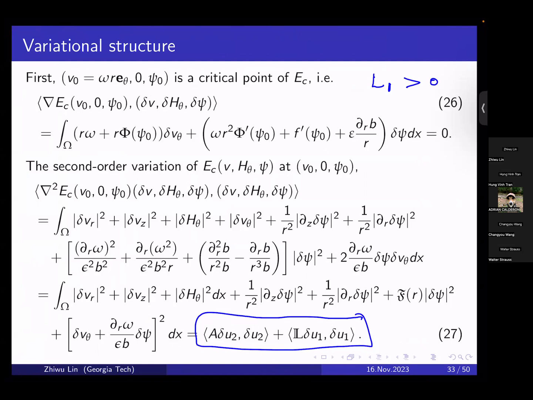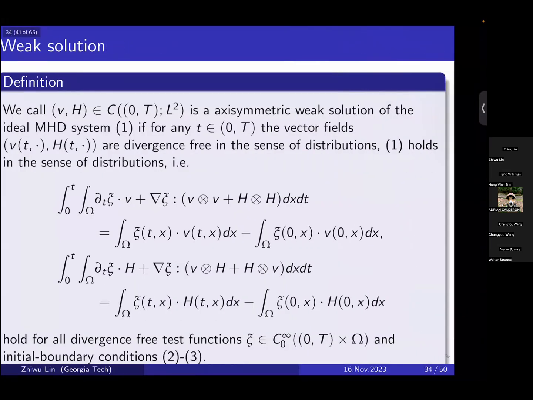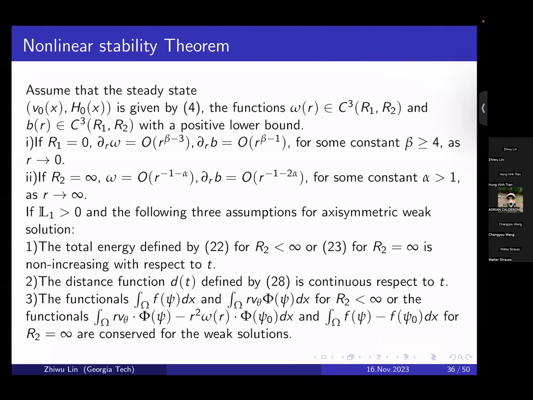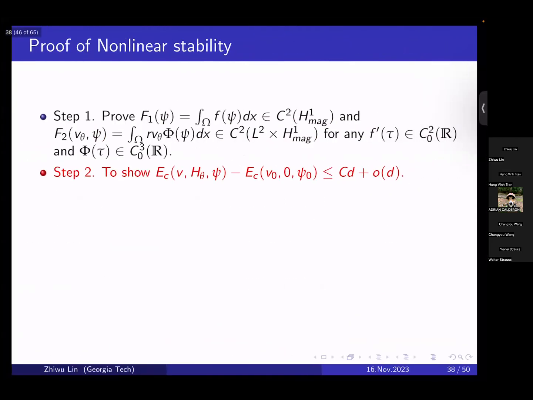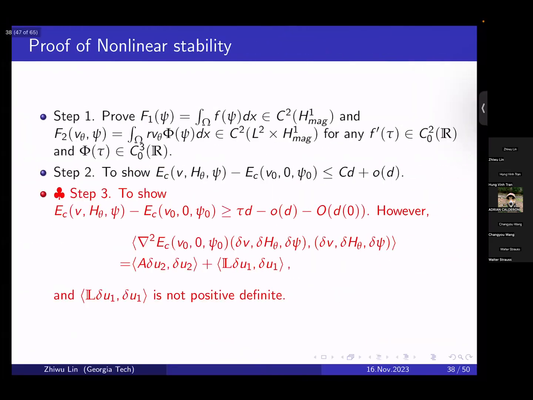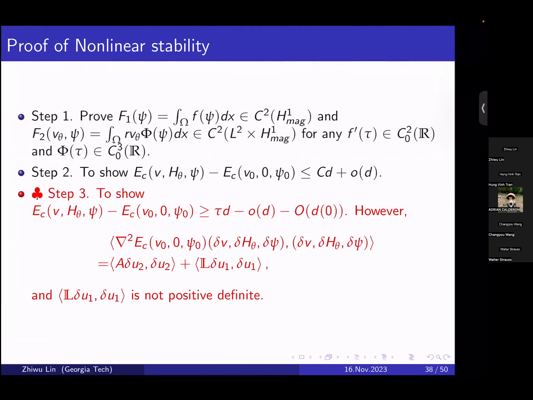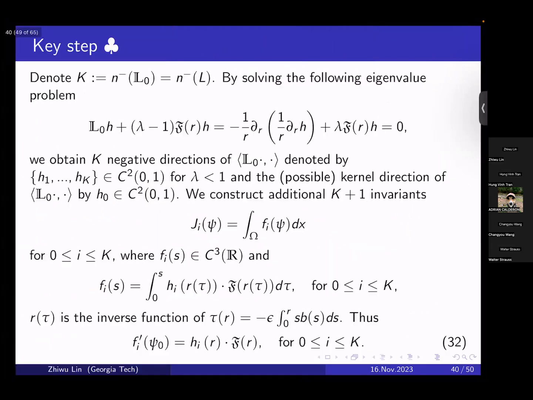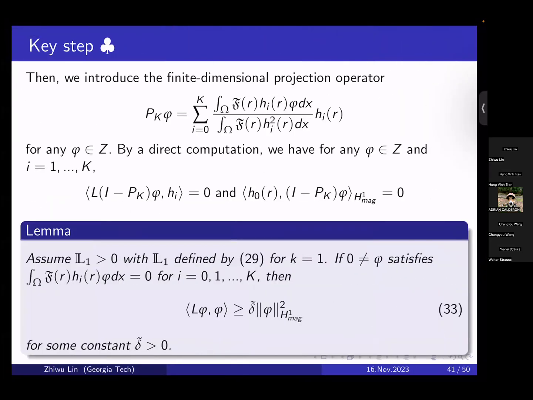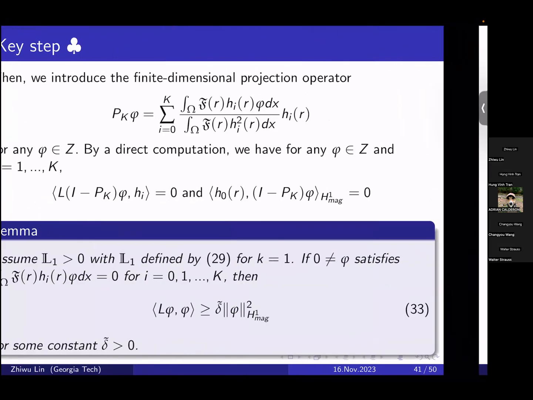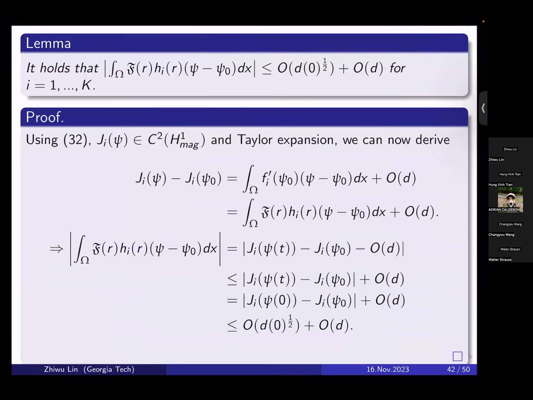And for the other directions, by using the linear stability condition, we actually get the positivity. For the bad directions, because we have control of the projection at the same order as the distance, when you do the expansion of the quadratic form, it becomes a square, right? So it becomes a higher order quantity, a higher order small quantity.